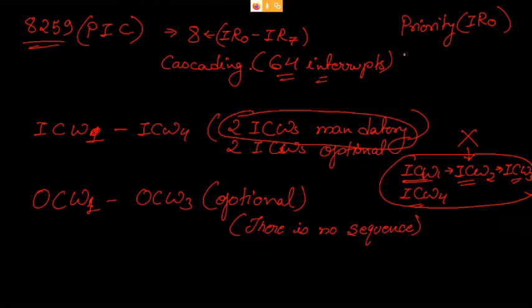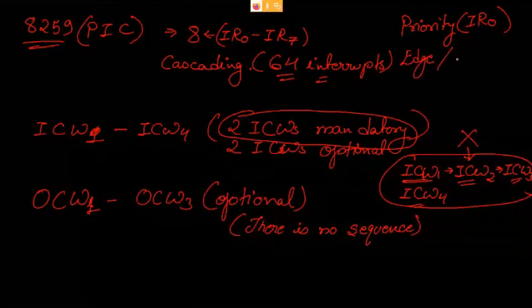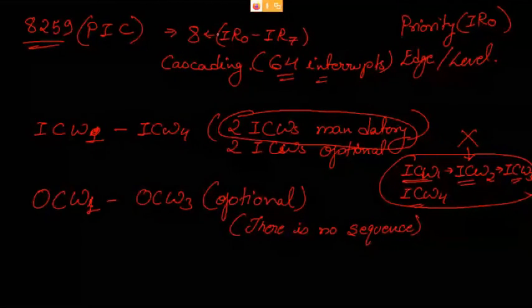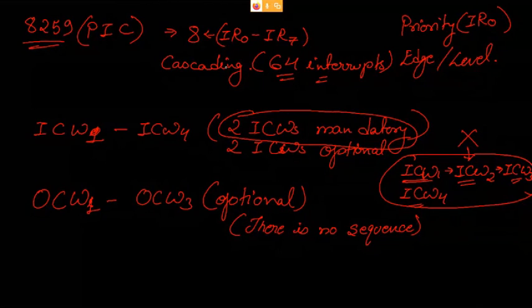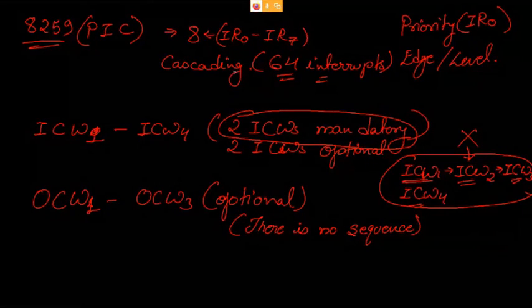8259 can support both edge triggering and level triggering. All this information, regarding which device is working as a master and which is working as a slave, is configured in the ICWs and OCWs. Slave means that when you have cascaded 8259s, only one of the 8259s will be connected to 8085.